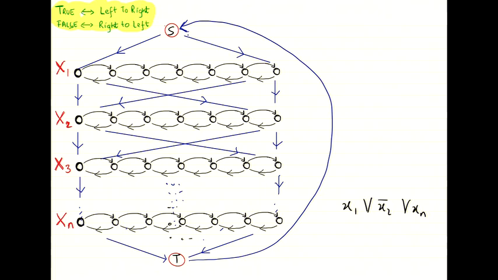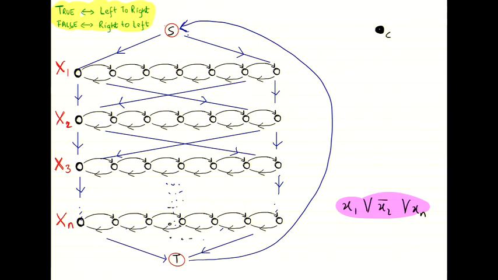We want to create constraints for this clause. So how do we create the constraints? I'm going to introduce a new vertex that corresponds to this clause.